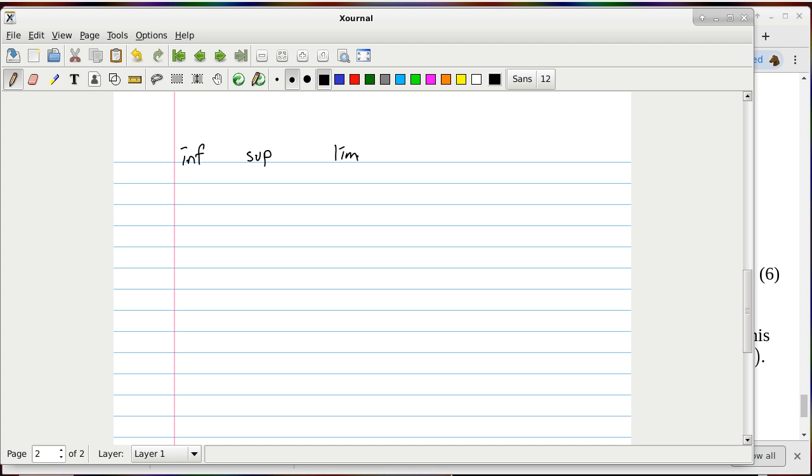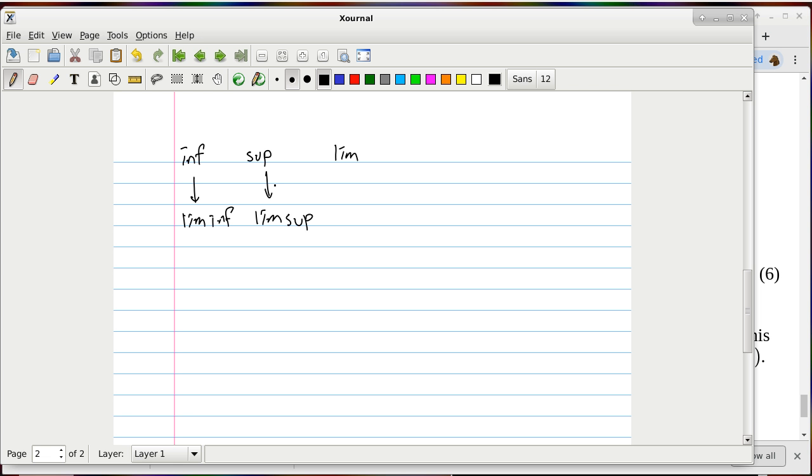Then from infimum and supremum, we start to understand limit inferior and limit superior. The arrow indicates concept dependency. Remember that limit inferior and limit superior do not depend on the concept of limit, because they don't have an epsilon involved.